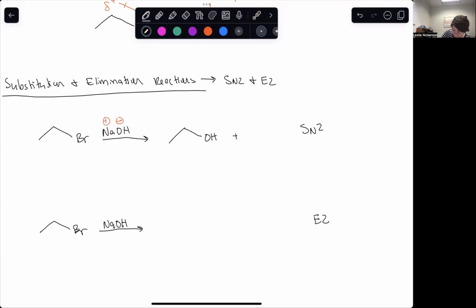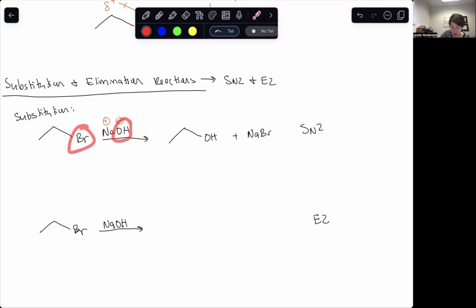Okay, so this is a substitution reaction. And then the other product that we're going to be making is sodium bromide, NaBr. So this is a substitution, and hopefully you can see how we got to that name because we substituted OH for the Br. Okay, so our nucleophile is our OH minus.